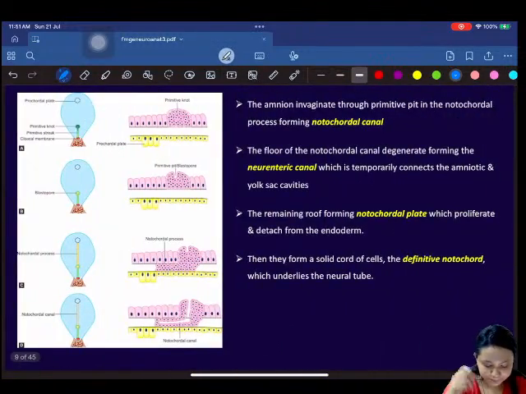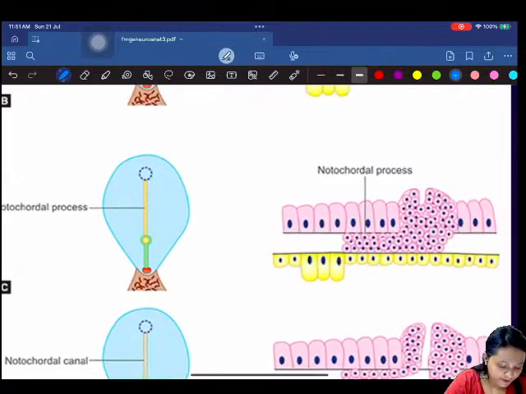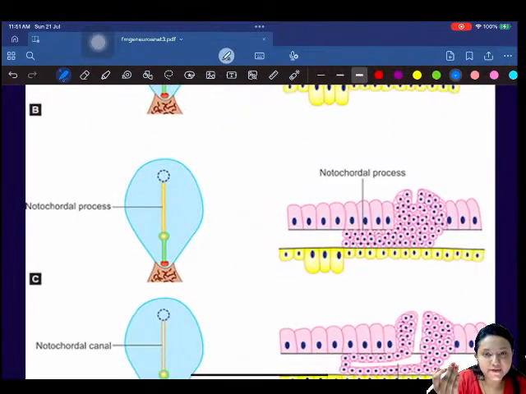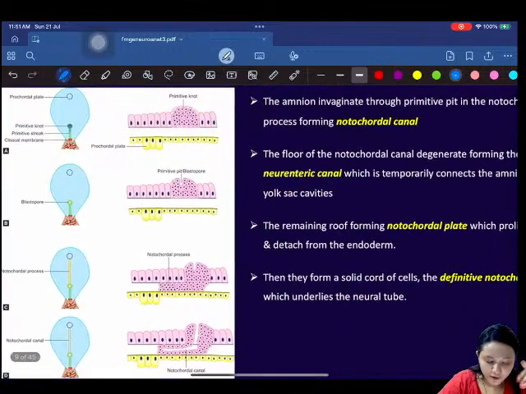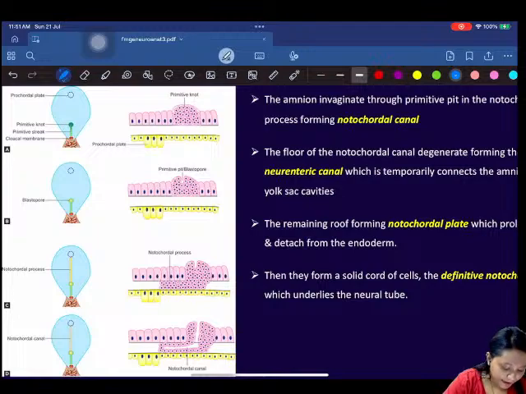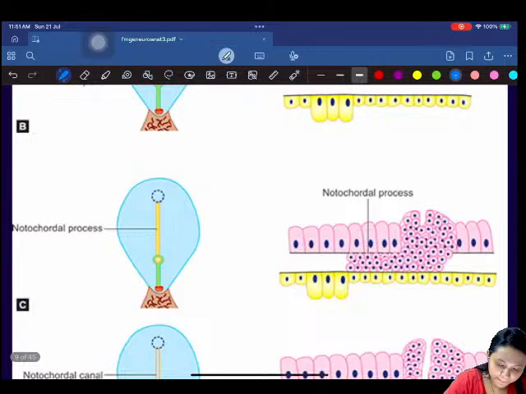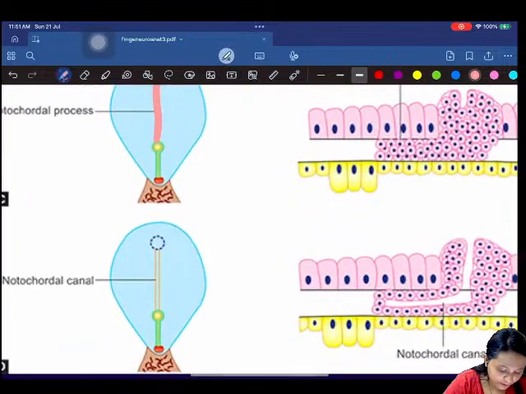Now in this notochordal process, certain cells will degenerate, and they are going to invade on themselves. You can see that the amnion will invade on the primitive streak in the notochord, and they are going to canalize. This notochordal process, which is a solid rod-like structure, will undergo a canalization.